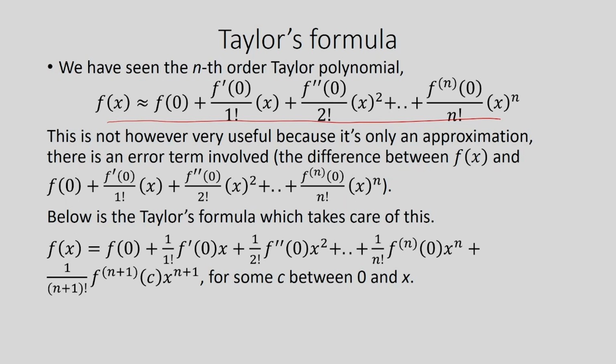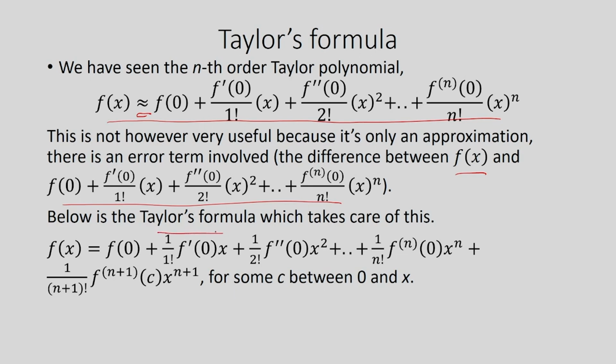The last term is f^(n)(0) divided by factorial n multiplied by x to the power n. However, this expression is not very useful because it is only an approximation. There is an error term involved, which is the difference between f(x) and the term on the right hand side, because it is not equal to, it is approximately equal to. So, there is a gap, and that gap is called the error.